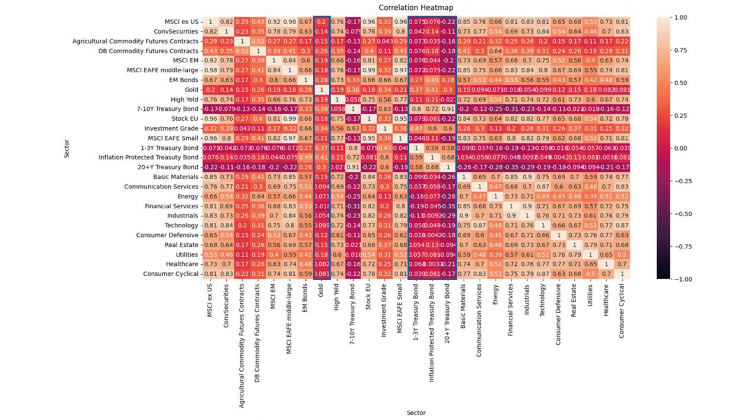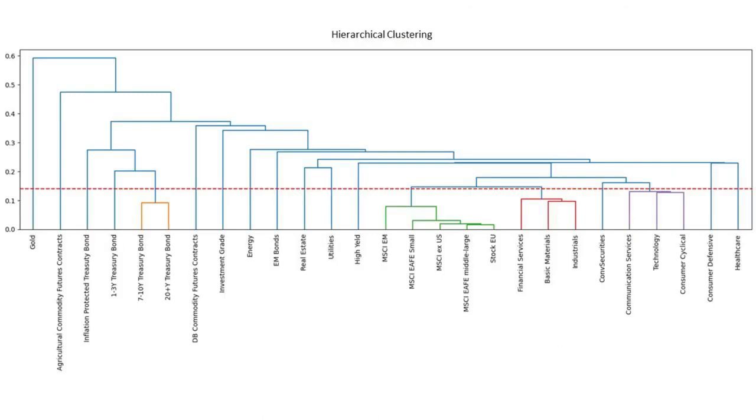To make this analysis more explanatory, we can resort to hierarchical clustering. This is a statistical technique that allows us to group ETFs based on their similarity. In this way, we can avoid investing in instruments that don't add value in terms of diversification.